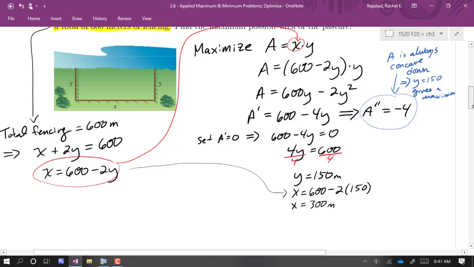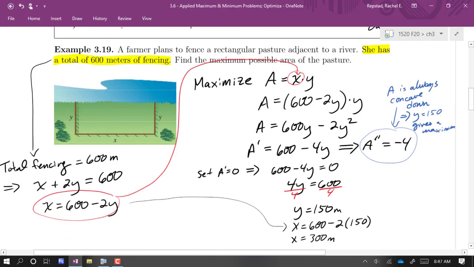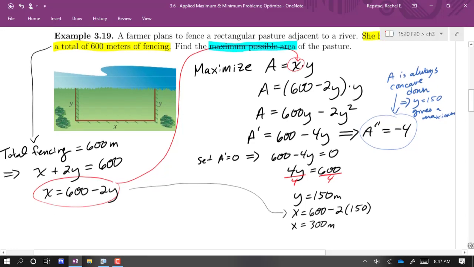Now they didn't ask us for the dimensions, though. They said find the maximum possible area. So what we're looking for is a value for A. So now we're just going to find the area. The area is length times width.